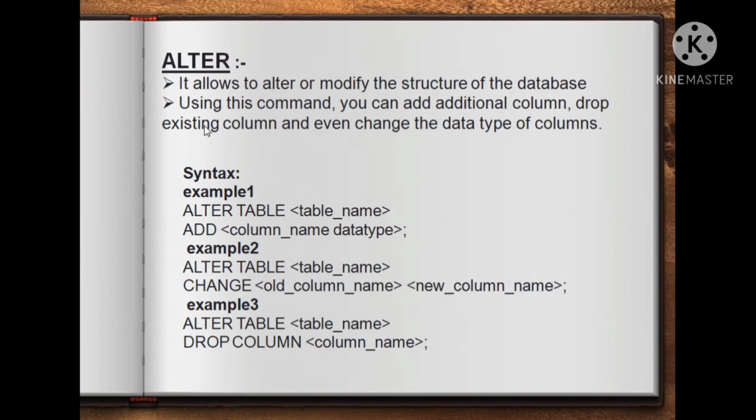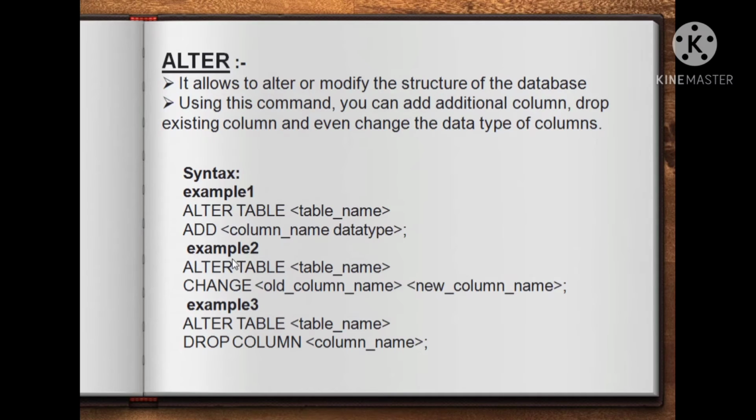Alter. It allows you to alter or modify the structure of the database. Using this command, you can add additional columns, drop existing columns, and even change the data type of a column. Example syntax: alter table, table name, add column, new column name and data type.